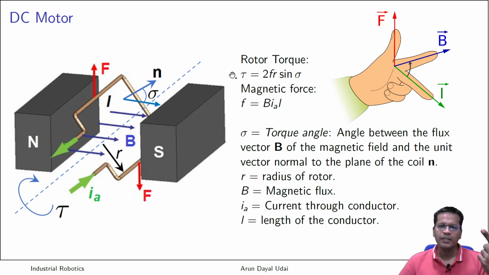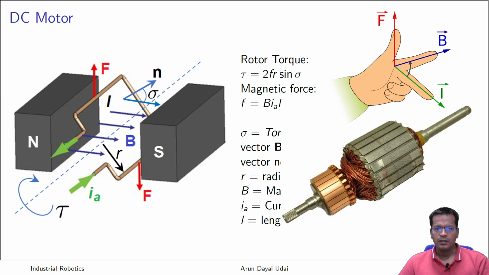In order to kill this particular problem, what you do normally is have multiple similar coils, as you have seen just now in how your armature was constructed. I will show you once again. You see, multiple conductors are there, multiple commutators are there.